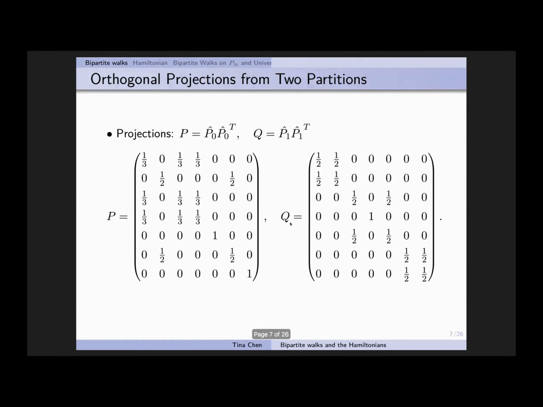Then we use these two normalized P0 and P1 to get two projections, P and Q. P is a projection that is constant on the cells of pi 0, and Q is constant on the cells of pi 1.